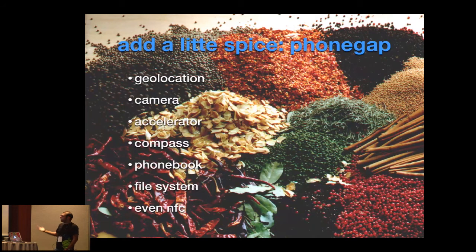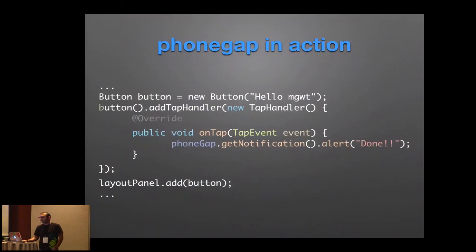Then, if you're building a native packaged app, you will probably need some native APIs at some point, like geolocation, camera, accelerometer, compass, file system, anything. So at some point, you will definitely need PhoneGap. And you can basically use most of those features via PhoneGap.